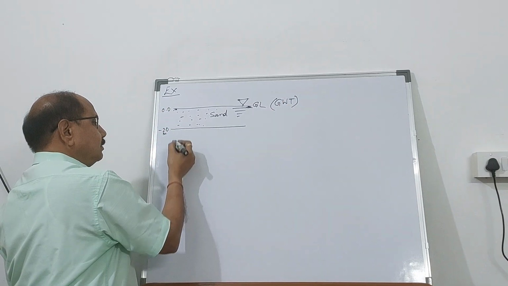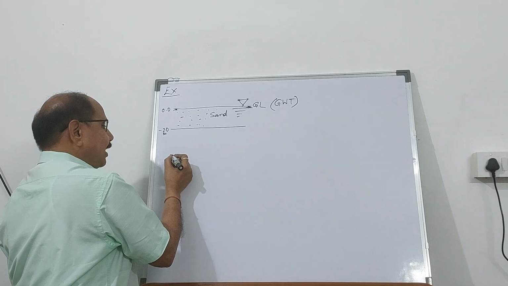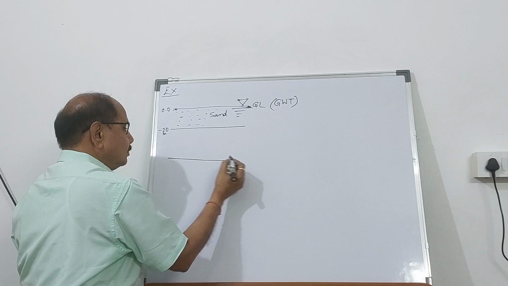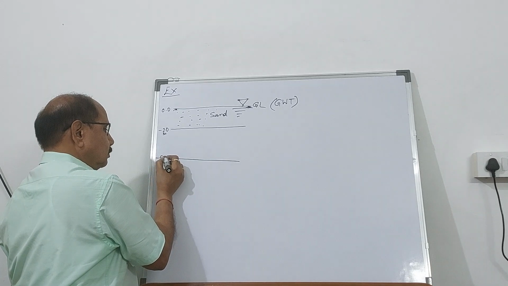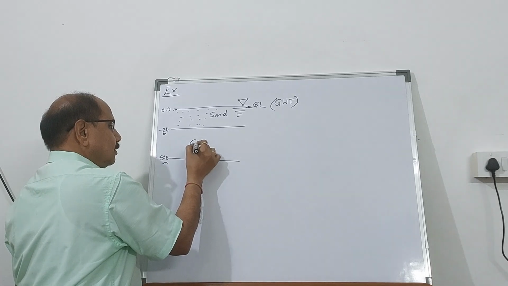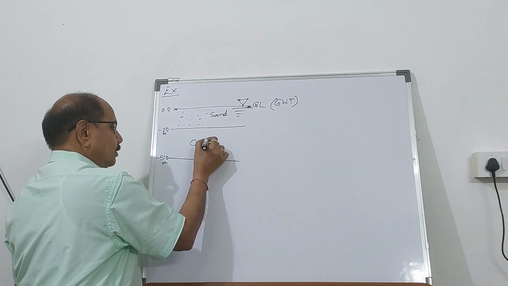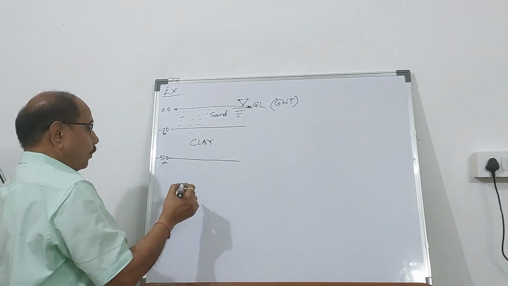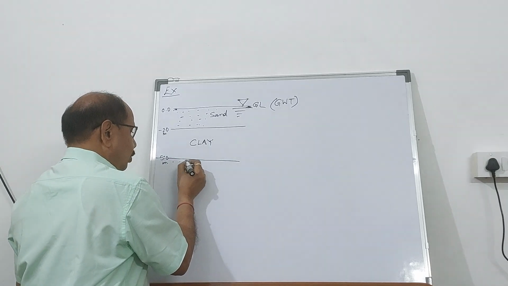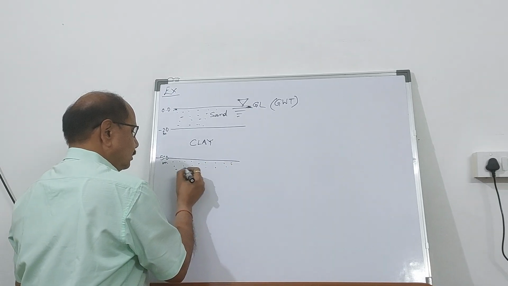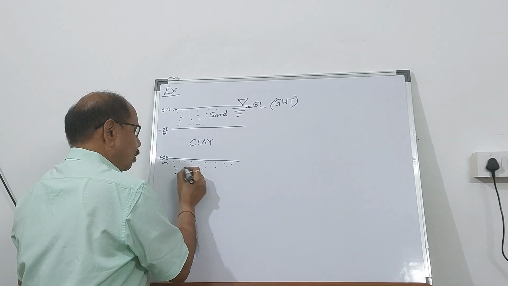And below this, let's say up to 5-meter depth, it is clay soil bed, and then followed by sandy deposits.